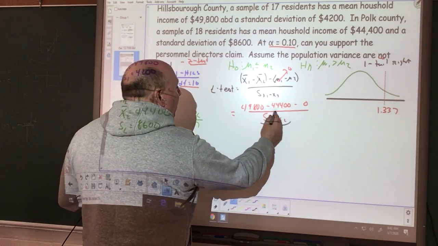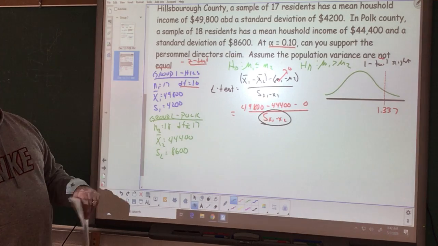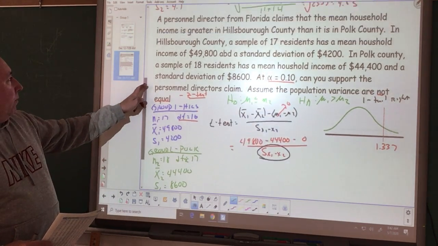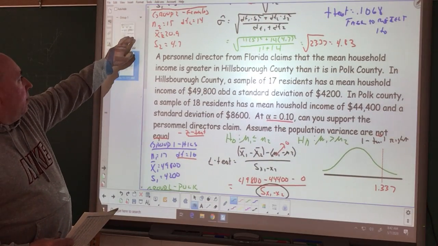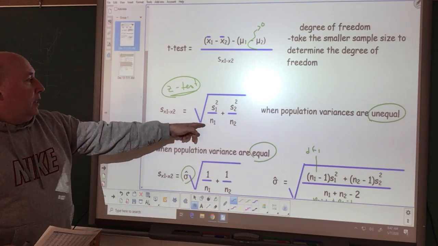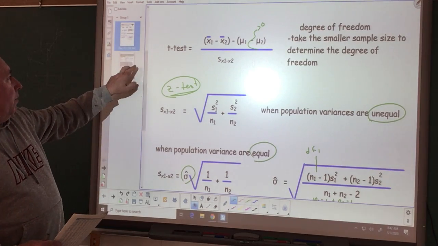Once again, this value is easier when the variances are assumed to be unequal.